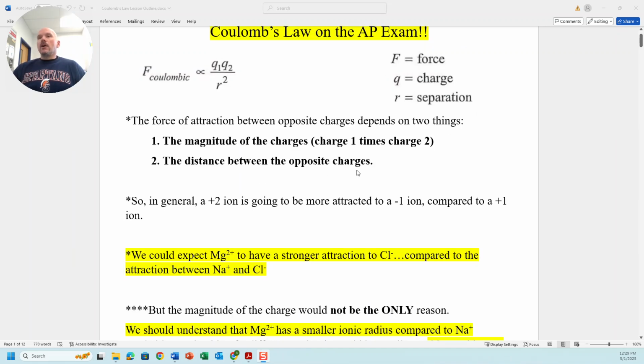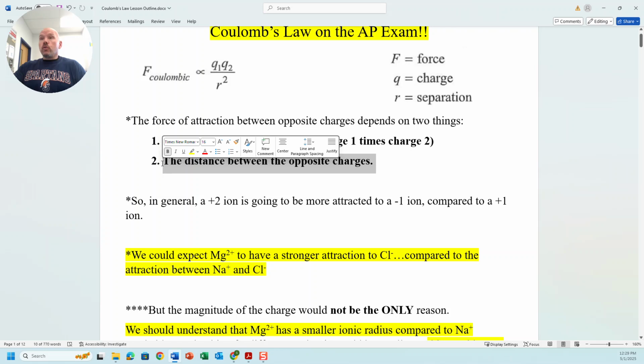So when you're making an argument why this interaction is stronger than that interaction, it's really going to come down to why this positive is more attracted to that negative, or why this negative is more attracted to that positive than this negative. It just comes down to those two things: the higher the charge, the stronger the interaction is going to be, and the closer they can get.